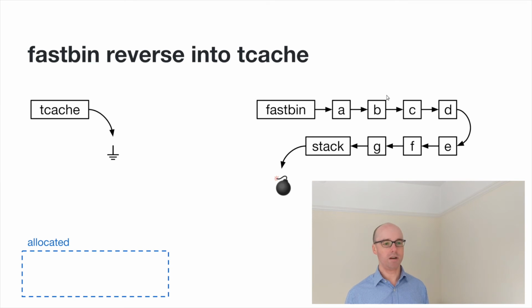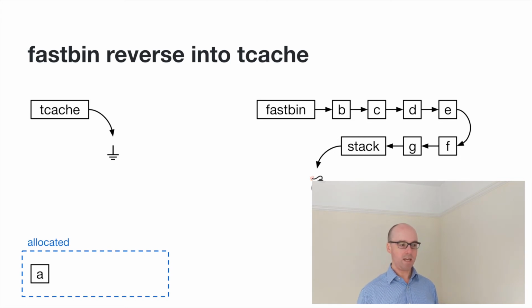So that's why we need to have this exact number of chunks in the fastbin. So what we've done is we've used some kind of vulnerability to overwrite the pointer in G so that it contains a pointer to the stack address that we intend to overwrite. So what happens next is we allocate a chunk. So A goes down there into the allocated area, and then it starts copying these chunks across into the tcache.